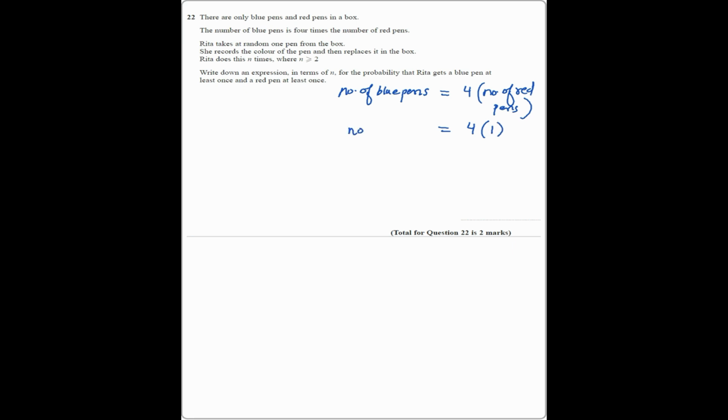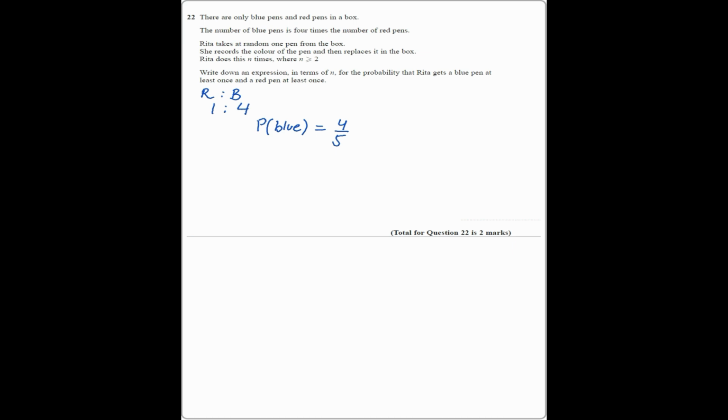In that case, the number of blue pens will become 4. 4 times 1 is 4, which means there is a 1:4 ratio between red and blue. From this ratio, we can solve the question. We can write P of blue equals 4 over 5, as total parts are 5, 1 plus 4 is 5, and out of 5 parts, 4 parts are blue. And P of red equals 1 over 5.